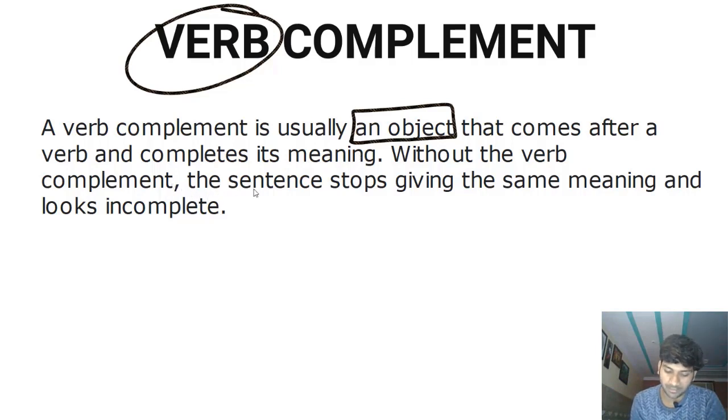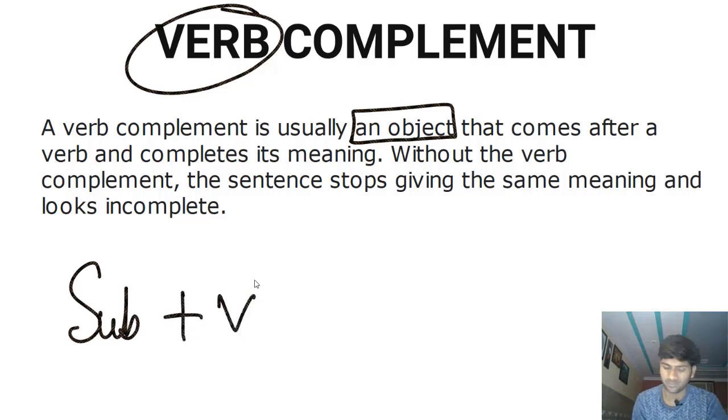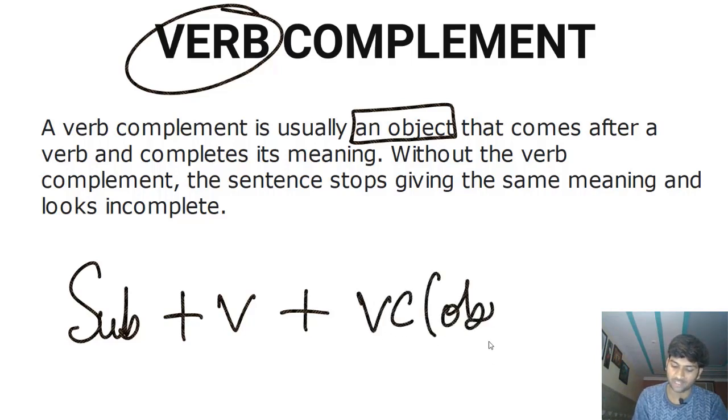Without the verb complement, the sentence stops giving the same meaning and looks incomplete. So first you have the subject, then you have the verb. You can have a helping verb as well, right? Verb, and then you have the verb complement, which is basically an object of the verb, usually. Let me show you some examples and make you understand.